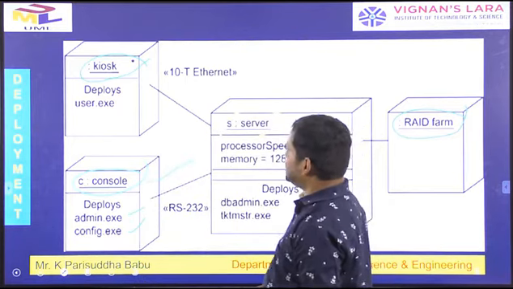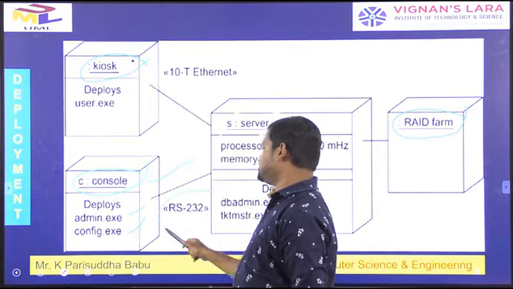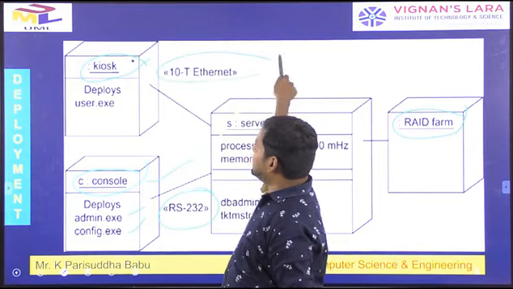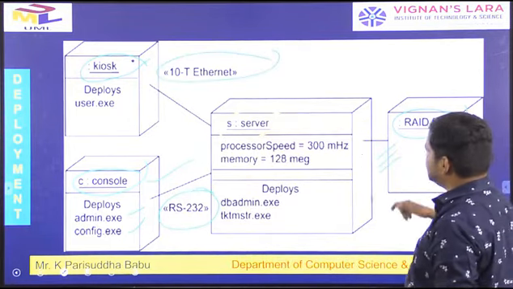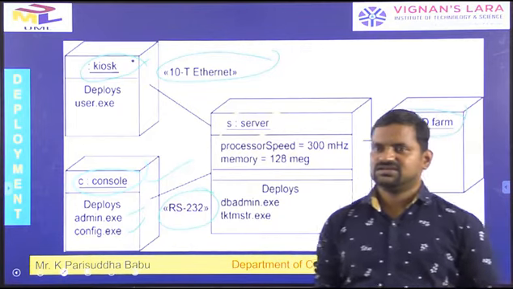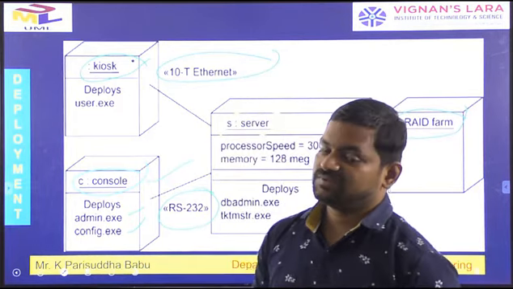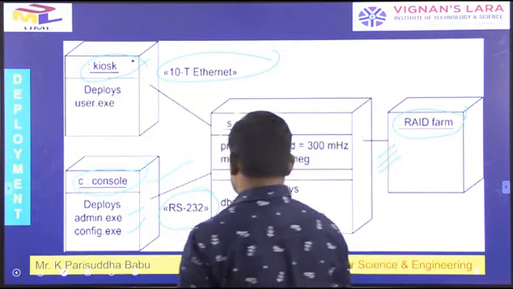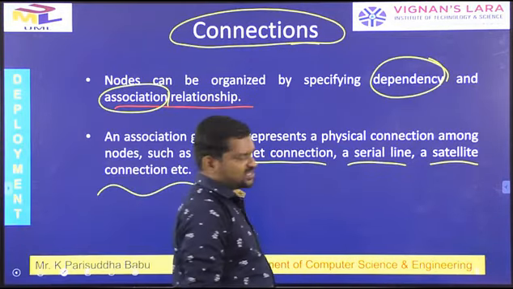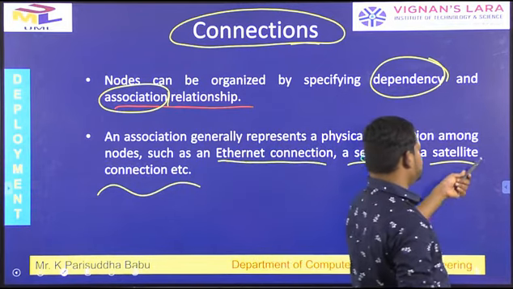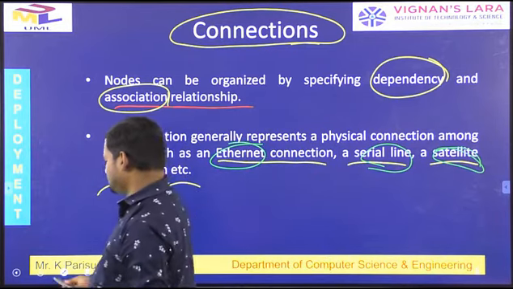Okay. What is the relation in between these? The RS-232 relation. Here the 10T Ethernet relation. Here there is no relationship name, but it is connected. For example, for the representation of Ethernet processes, or for the representation of serial line connection, or satellite connection, Ethernet connection, we have to use association.